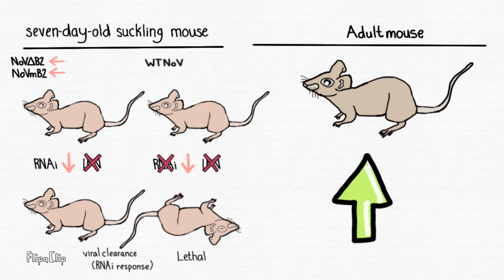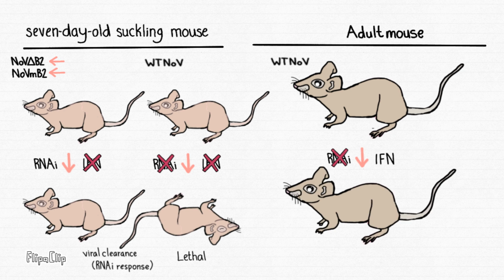In the adult mouse, for the wild type Nodamura virus, it would use IFNs, which would actually help the mouse clear the virus. And so this study showed that RNAi pathways in mice are possible. Hence the title of it, RNAi, antiviral after all.